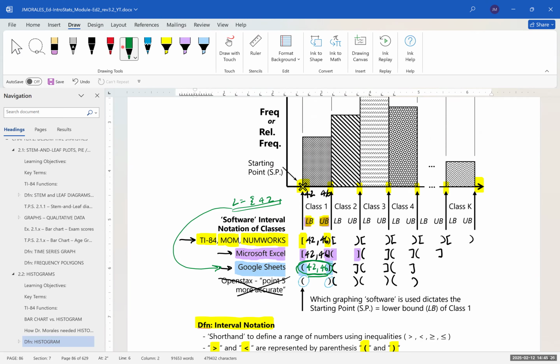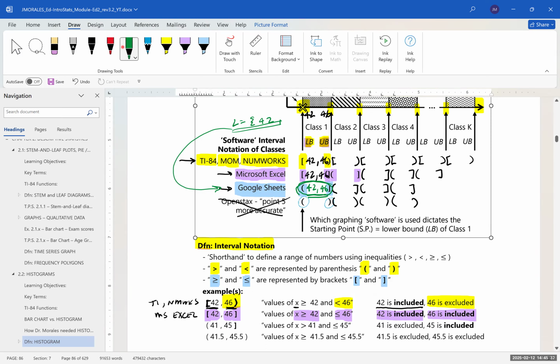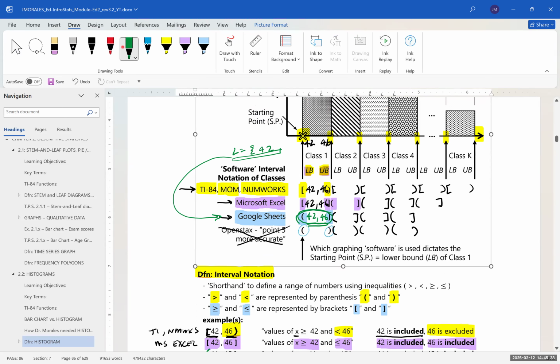to go into class one because of the way class one has been defined here, because that left parenthesis means that it's greater than. So if class one was defined to be greater than 42, then this datum wouldn't fit.